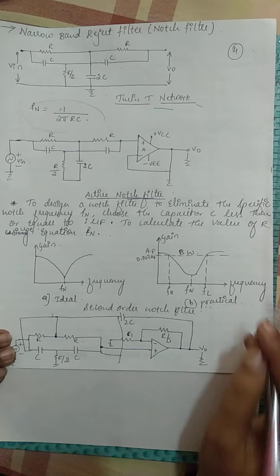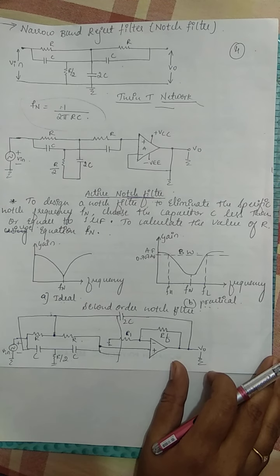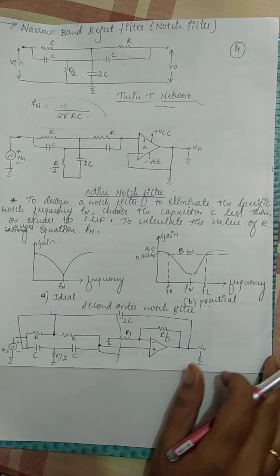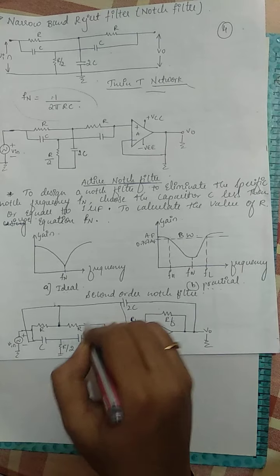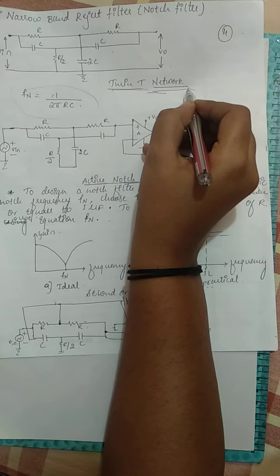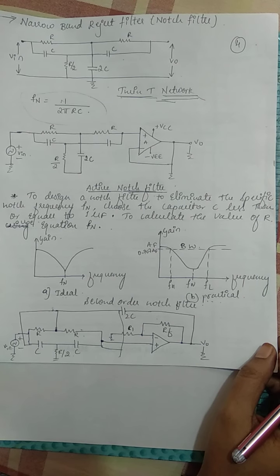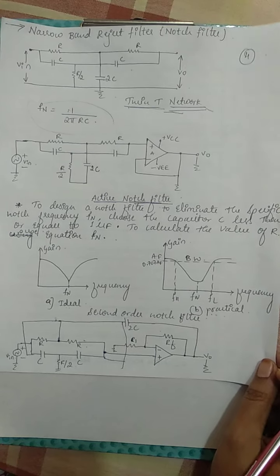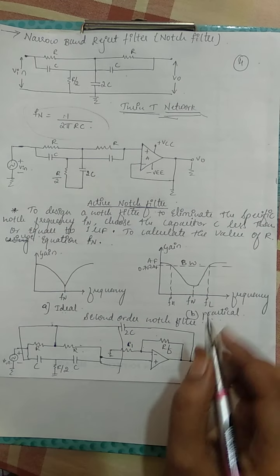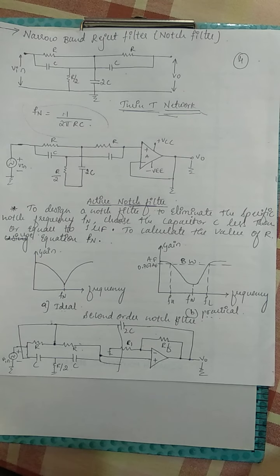To improve this frequency response, we have constructed the second order notch filter based on the twin T network. This second order notching filter can be used along with the op-amp in the non-inverting configuration.